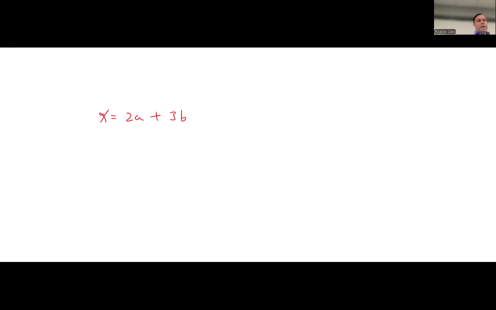Then we have y, which is going to be 5a squared plus 3b to the 3, so cube, and then z, which will be 2x + 3y. So this is actually the function.